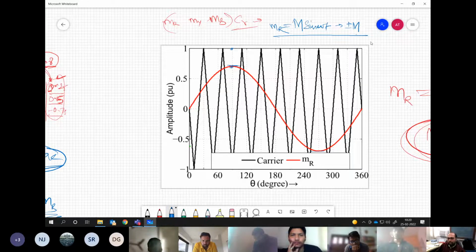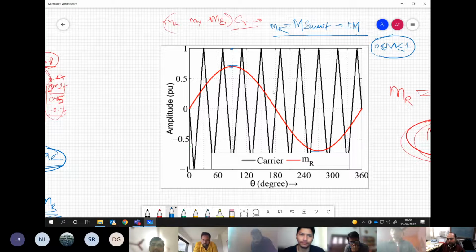Now this m is actually restricted to this. 0 also can be included. This is restricted to this. What happens if you try to go above that? What will happen? So when we are within this duration, here the carrier frequency is a little lower, but for illustration I am using this.